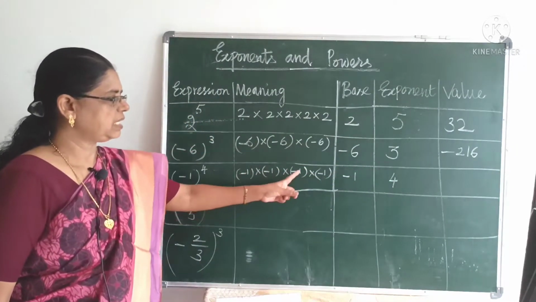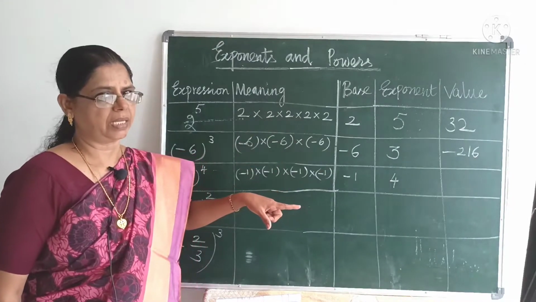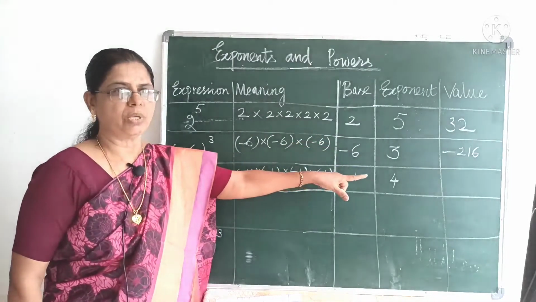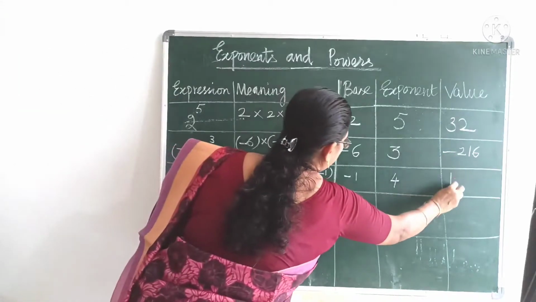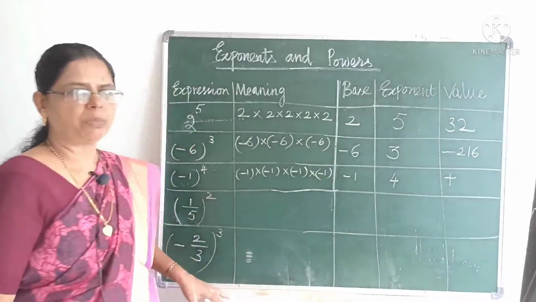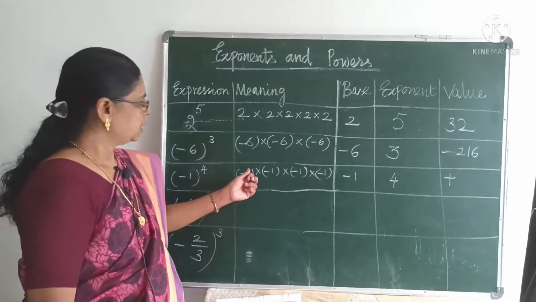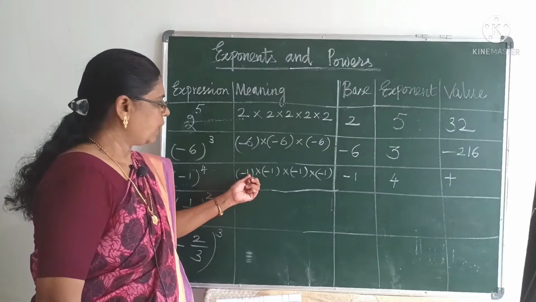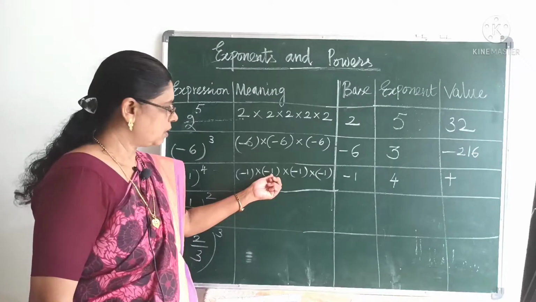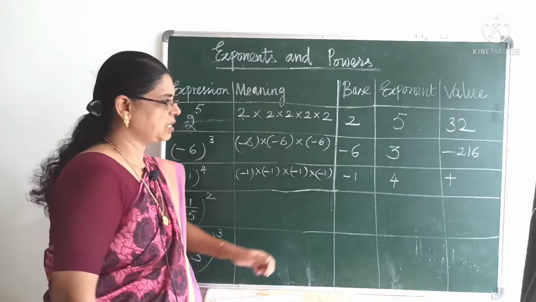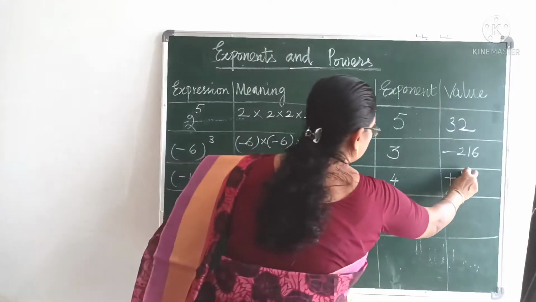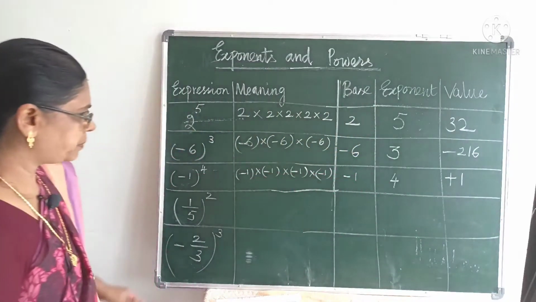When minus sign is taken even number of times, the product is going to be positive. So the answer will be plus. If you want, you can put plus sign or leave it. So 1 into 1 is 1, again 1 into 1 is 1, and that 1 into this 1 is 1. So the product is plus 1.